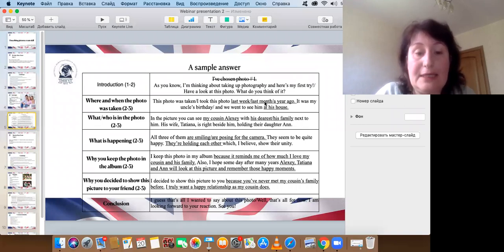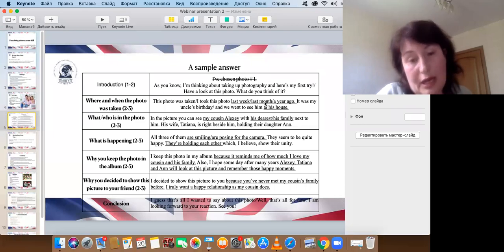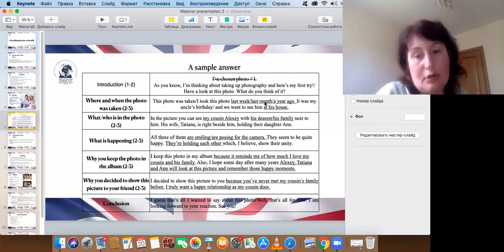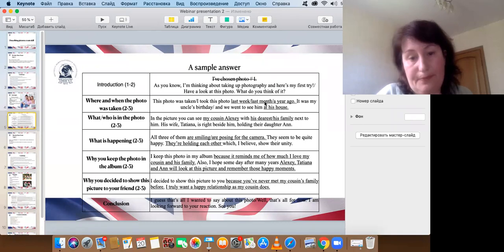The next step is to describe who or what is in the photo, and you may say 2 or 3 sentences as well. For example, in the picture you can see my cousin Alexei with his family next to him. His wife Tatiana is right beside him, holding their daughter Anne. I think that you may use Russian names. That's okay.